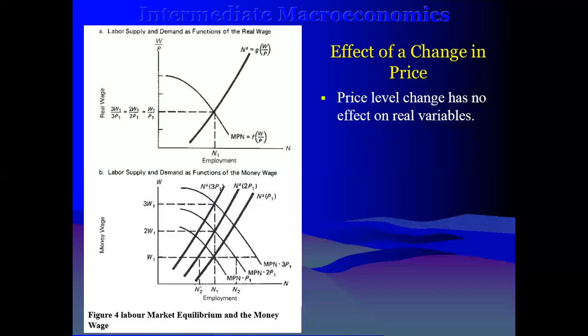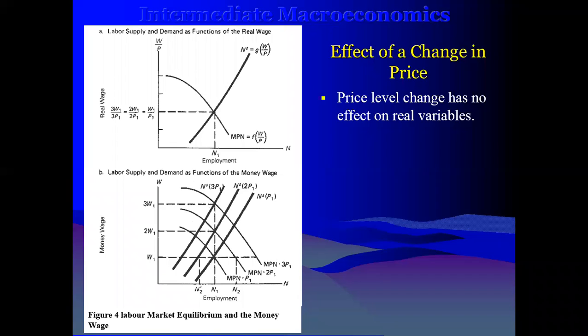So whenever there's an increase in price, with this one we are using the real wage, being a function of NS and ND. When price increases by a certain proportion, workers are going to call for a higher wage. They will keep on calling for higher wages until proportionately the increase in wage is the same as the increase in price.